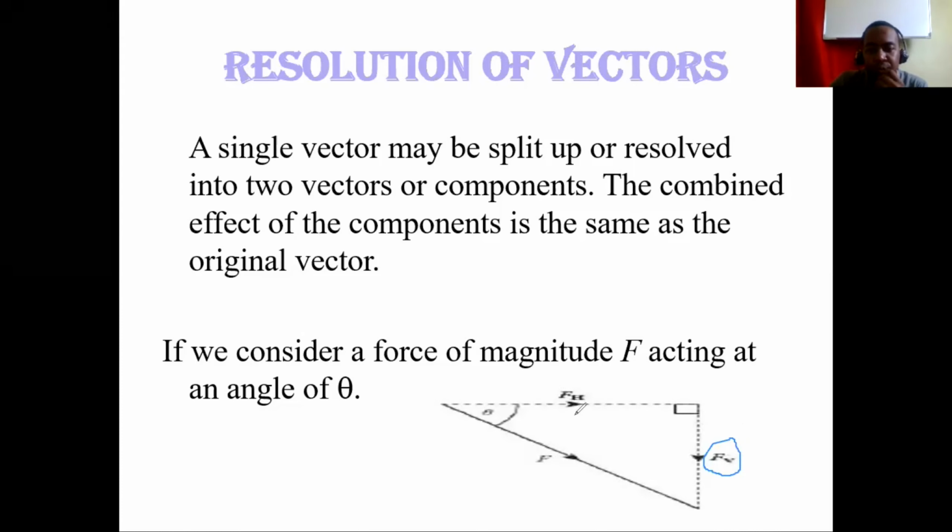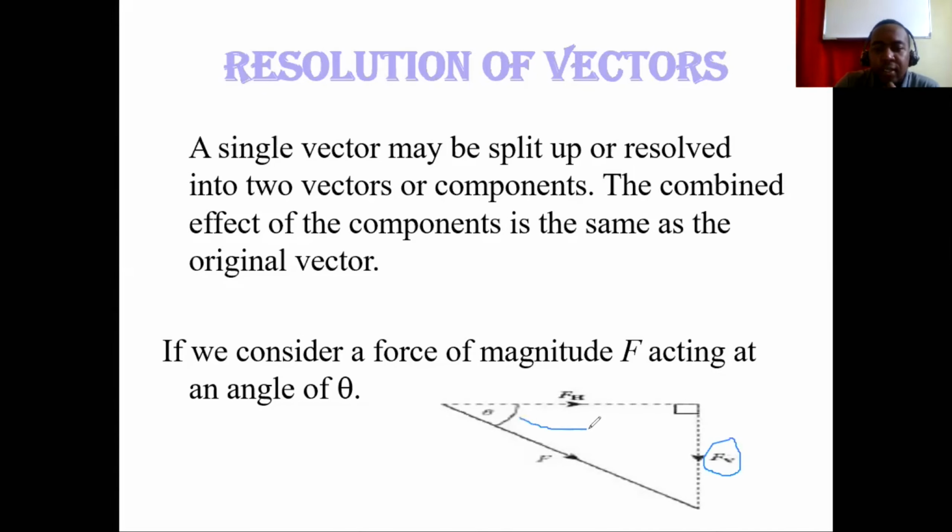This is where we use the idea from math, because we have an angle between it and the horizontal. This angle is opposite to our vertical, and it's adjacent to the horizontal.